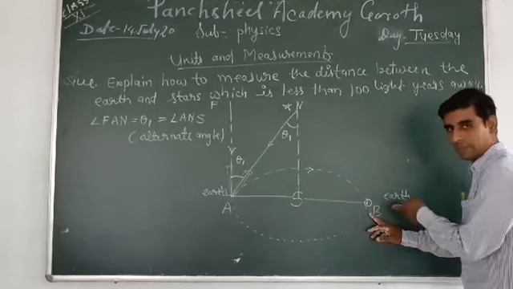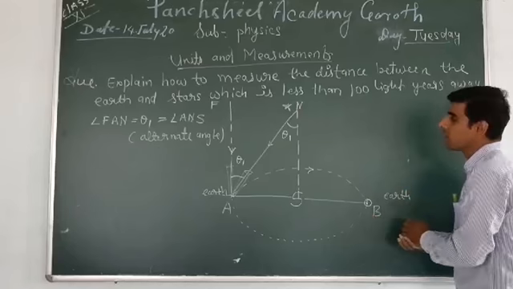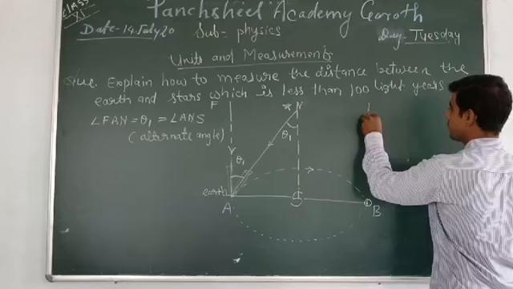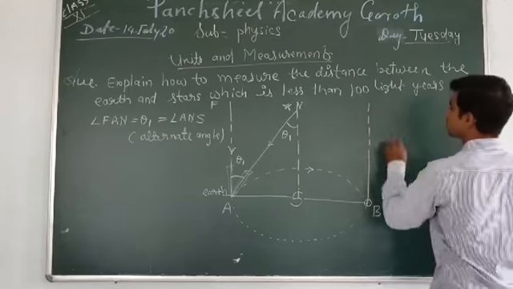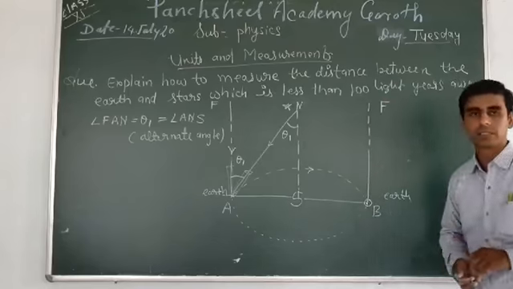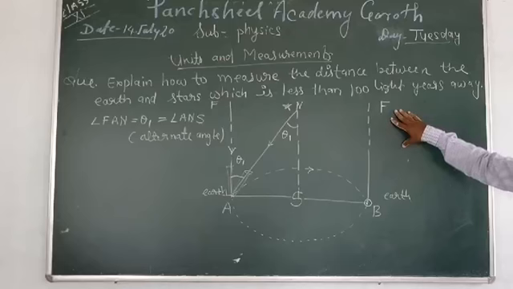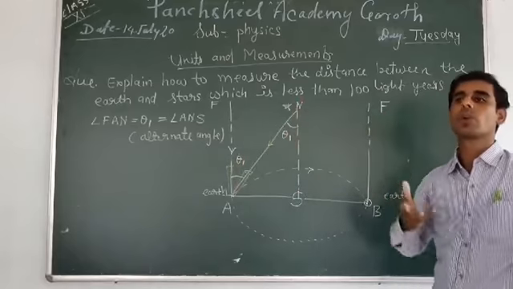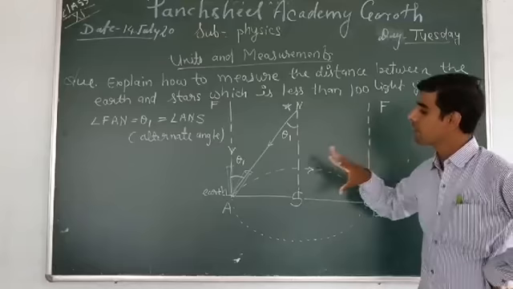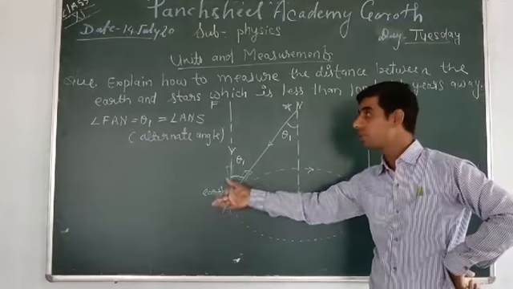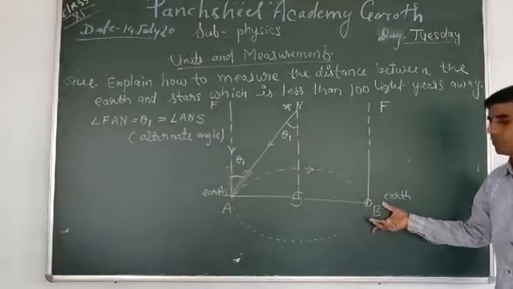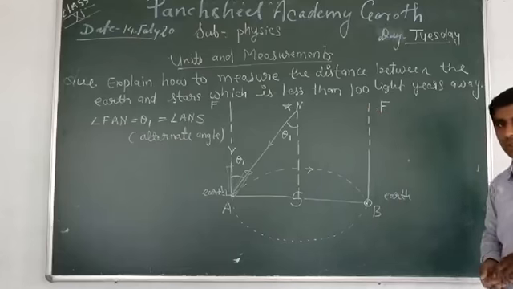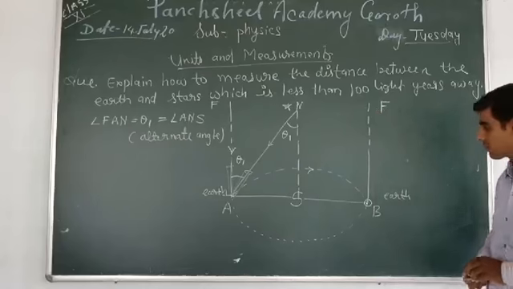From that place, the position of this far star is like that. Why this position of the far star? Because it is at a large distance and there is no difference whether we see from here to this star or from here to these stars. So there is no change in the positions.